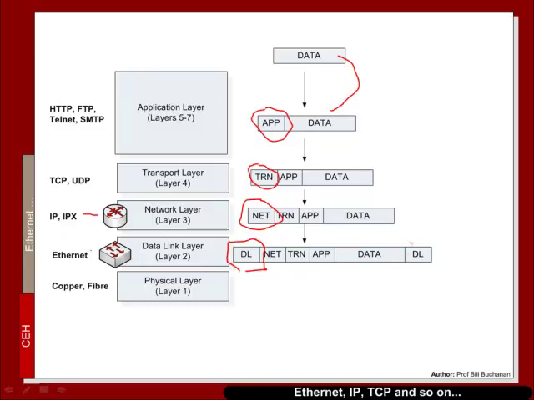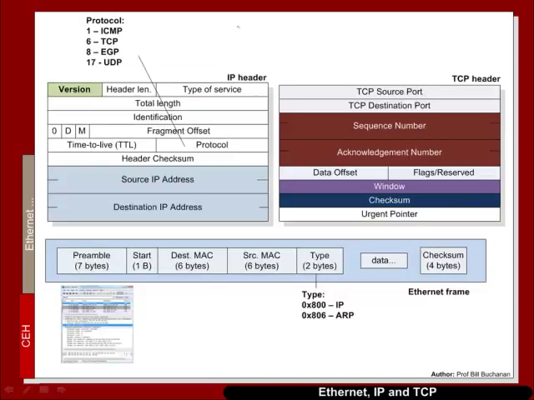So this normally involves framing the data into a data frame, and then that's actually sent over the network over some copper or fiber connection. So the three basic protocols are like this. This is Ethernet, IP and TCP.